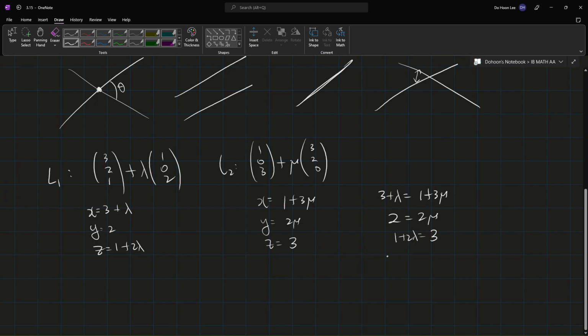And I know the answers are quite obvious, but let's use the systematic way to find this. What we're going to do is move all the lambdas and mus on the left-hand side and move all the numbers on the right-hand side.